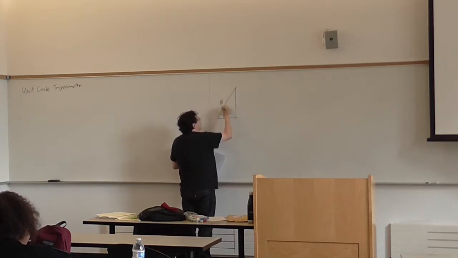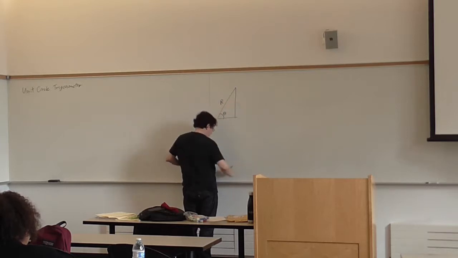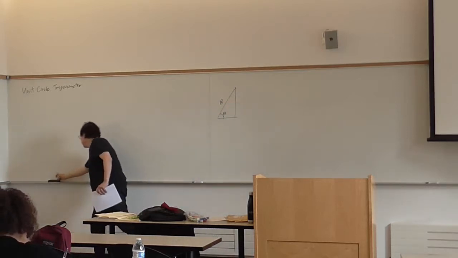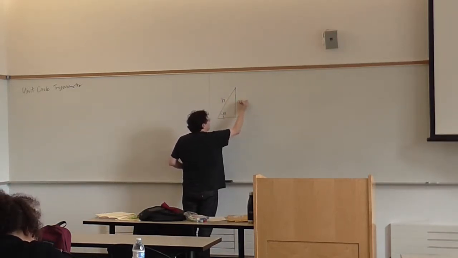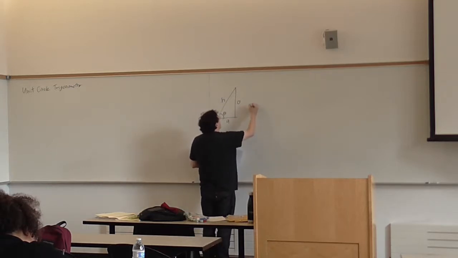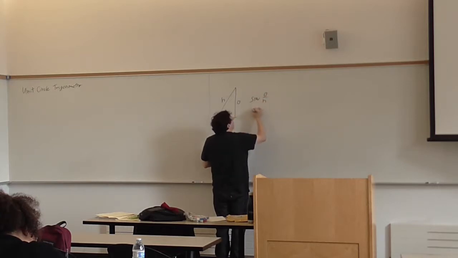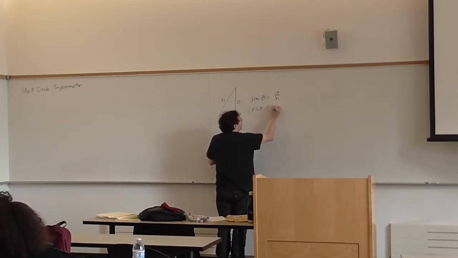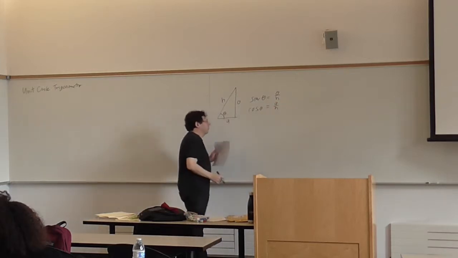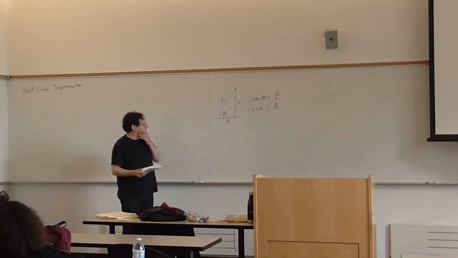So we have a hypotenuse, an opposite, and an adjacent, and we define the sine as the opposite over the hypotenuse. Sine of theta is opposite over the hypotenuse, and the cosine of theta is the adjacent over the hypotenuse, and so forth. The tangent function.